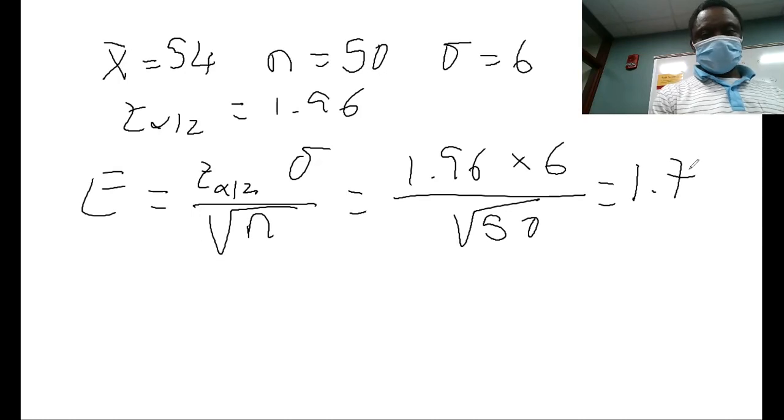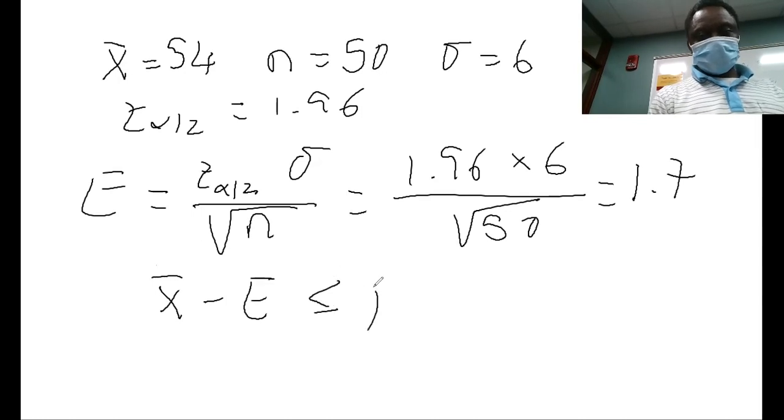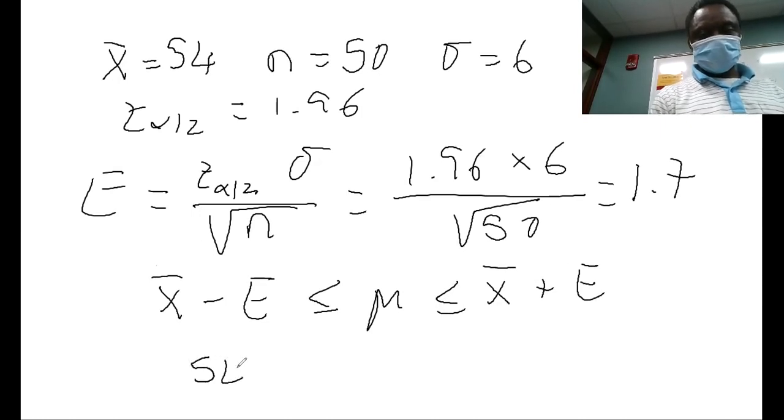So the confidence interval is X bar minus E less than or equal to mu less than or equal to X bar plus E, which is 54 minus 1.7.